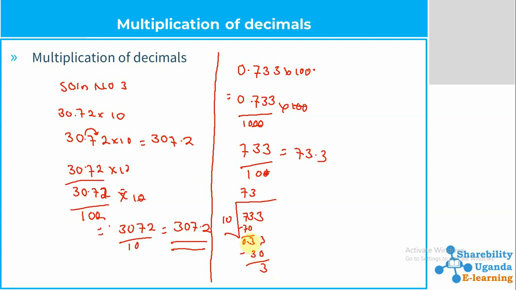Subtract, here we'll get a 3, here we'll get a 0. So 3 divided by 10, which is impossible. We put a point, put 30 here. 3 divided by 10, 3 times 10, 30. Okay, so now here we've been able to get our 73.3. That's how we can use that method also to solve different numbers.